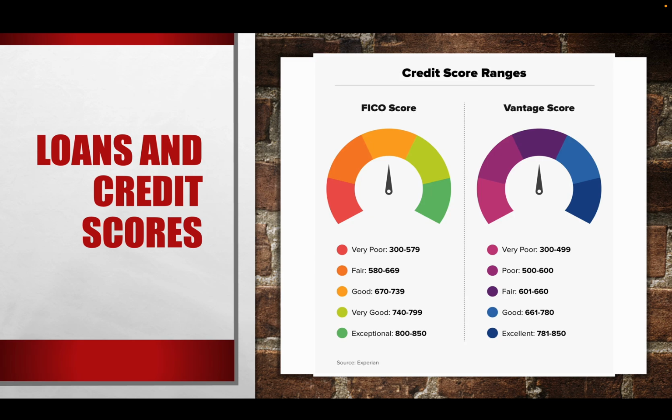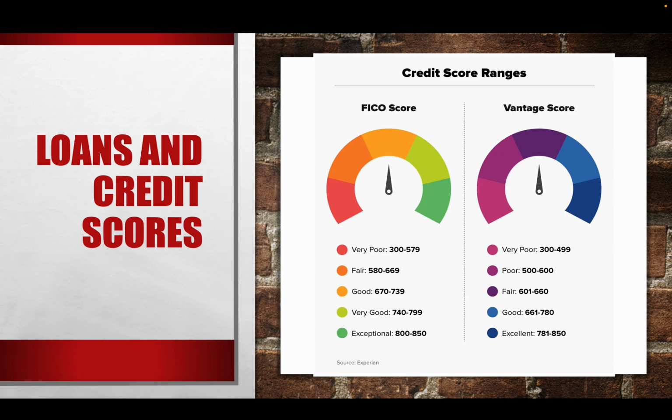So I first want to start off by letting you know that there are two different ways that a credit score is calculated. They are the FICO score and the Vantage score. As you can see here on the screen, they are calculated a little bit differently, just by those numbers that you can see, ranging from very poor to exceptional credit. So that's the first thing that's a little bit different between them.